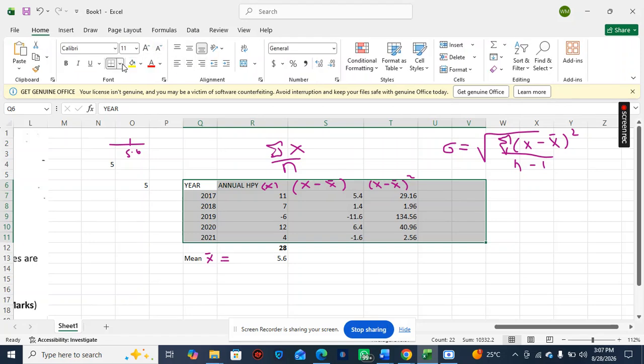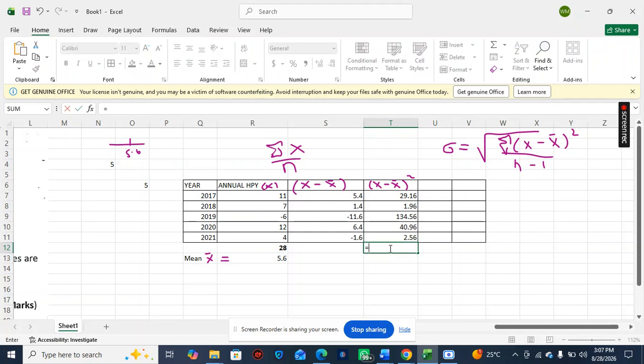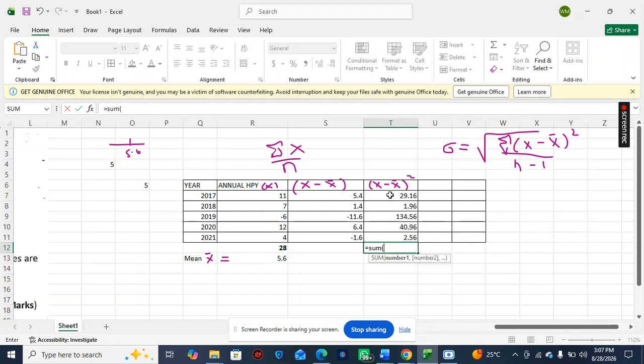Then the next thing is, have you seen this sigma sign here? We're going to add these squared deviations. We get 209.2.